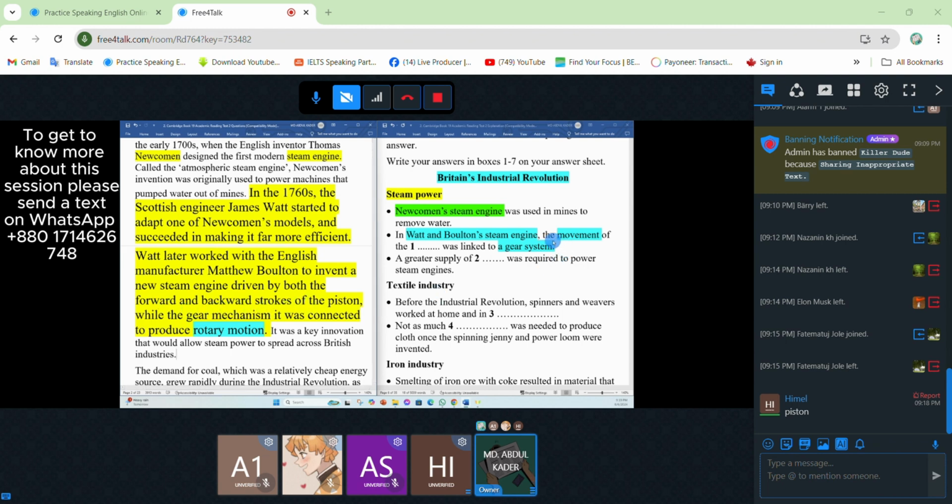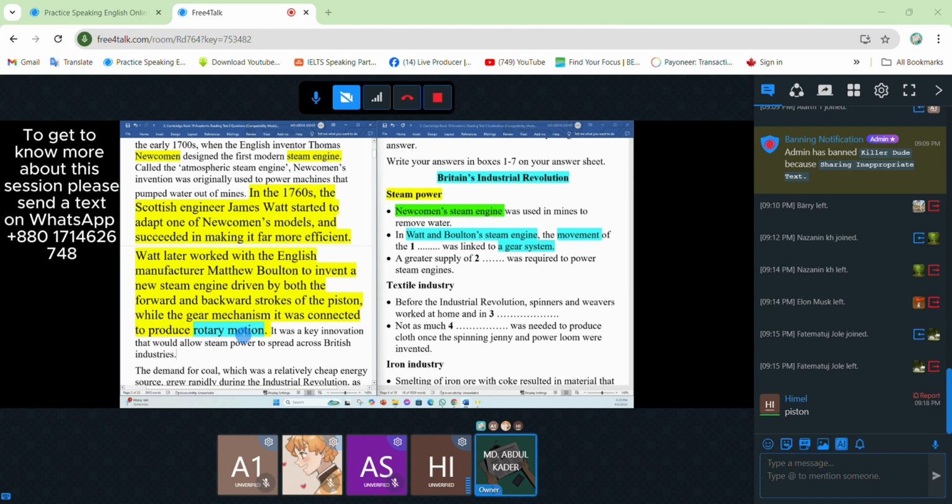Here we can see the movement of the piston was linked to a gear system, while the gear mechanism was connected to produce rotary motion. So here the piston was connected, while the gear mechanism was connected to produce rotary motion.